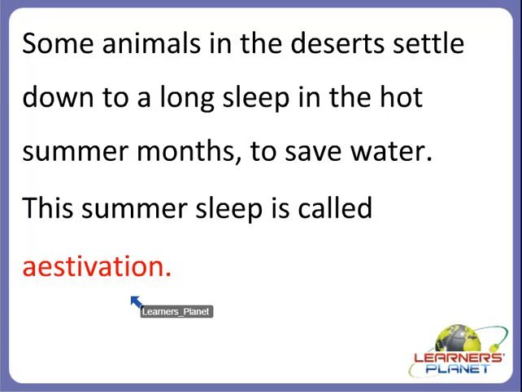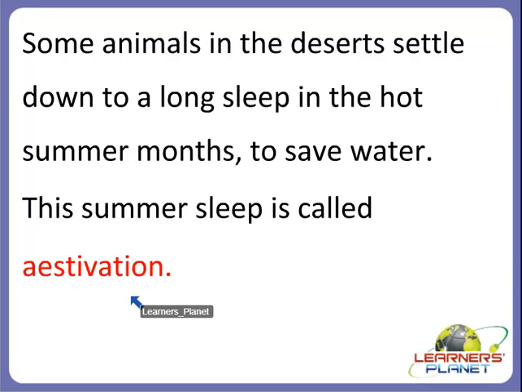Then some animals live in the deserts, and because of the scarcity of water, they settle down to a long sleep which is called estivation, and some animals become inactive in the cold months, right? So this winter sleep is called hibernation, right? So I hope that you are clear with this.